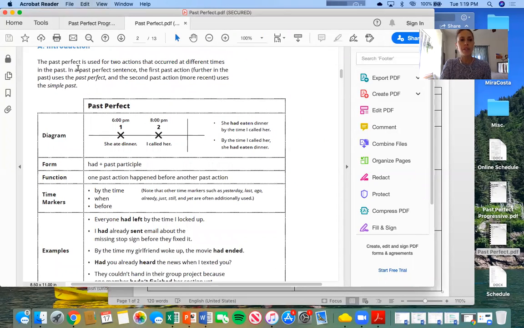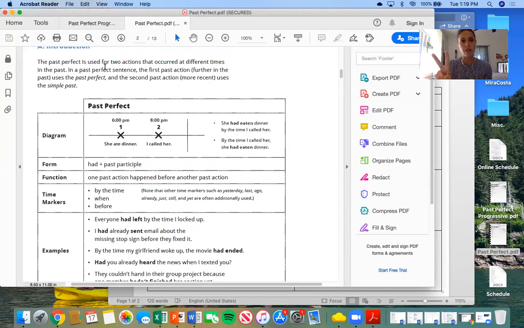So it says the past perfect is used for two actions, okay, that occurred at different times in the past. In the past perfect sentence, the first past action, which is this one, she ate dinner, uses the past perfect, and the second one uses the simple past. So think of it this way. The action that occurred the furthest away from the present moment uses the past perfect, where the action that occurs closer to the present moment uses the simple past.